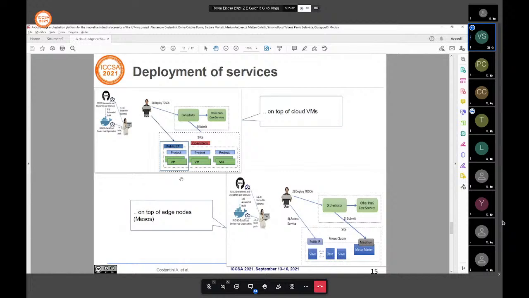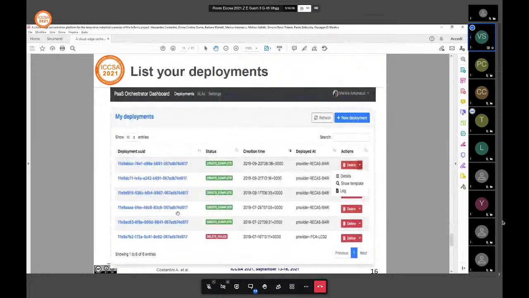The first one is the deployment of a service on top of a cloud virtual machine, using OpenStack, for example, or another cloud framework, and the deployment of services on top of an edge node, thanks to the integration with Mesos and its frameworks. Moreover, the user can also control the status of their jobs and deployments and see details, for example the logs, and check why and where something failed.